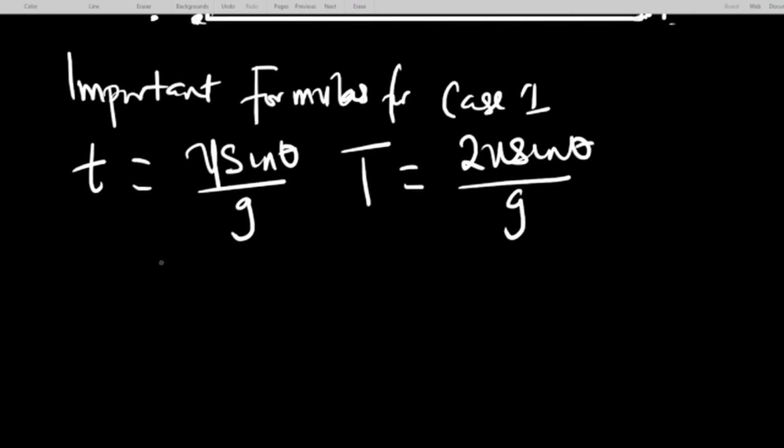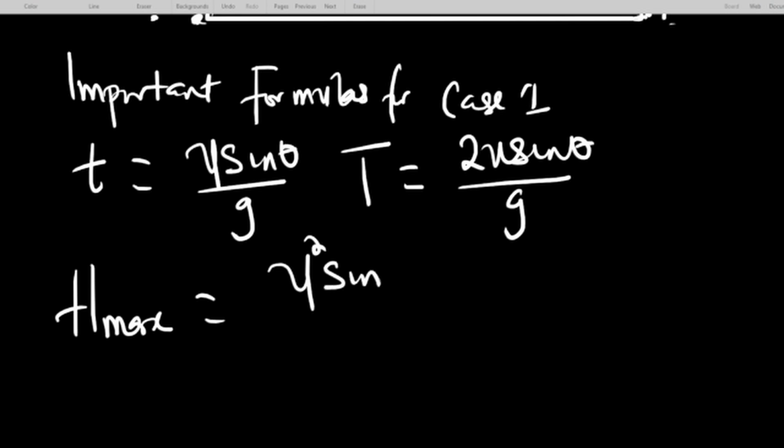Now, the next one is the formula for the maximum height, h max. The formula is u squared sine squared theta all over 2g. With this formula, you can calculate the maximum height attained by the projectile. And that's actually what they want us to find.